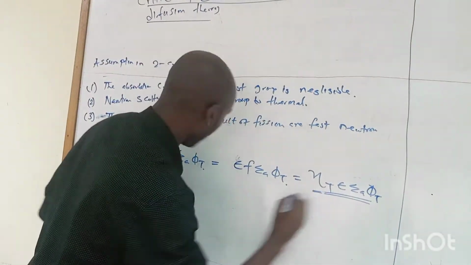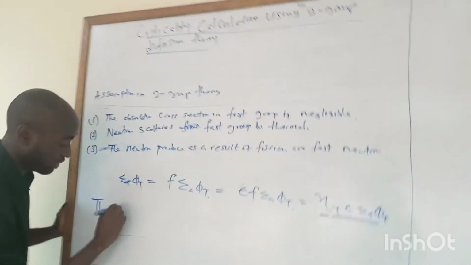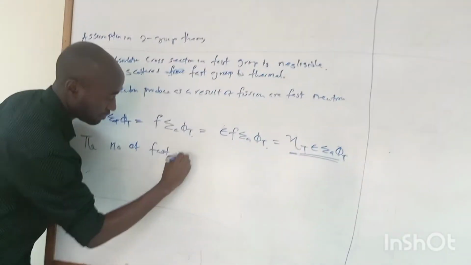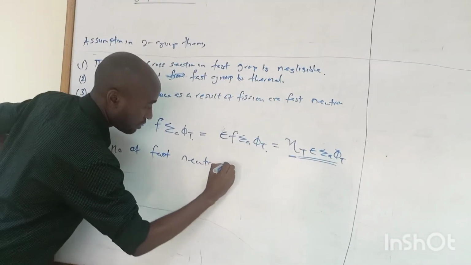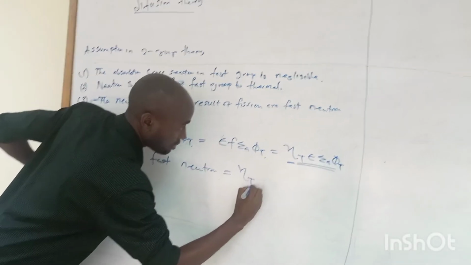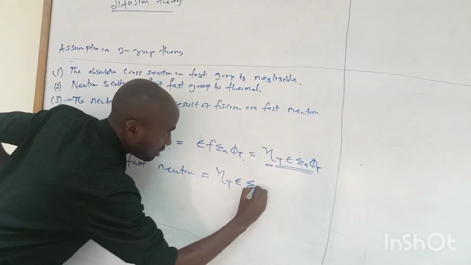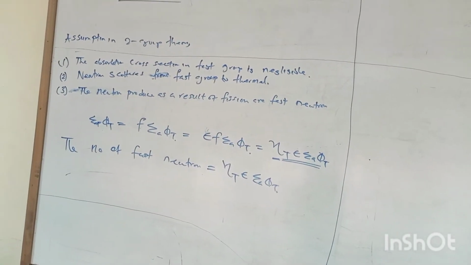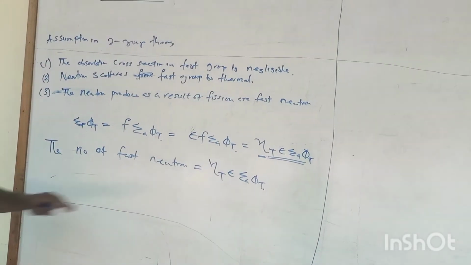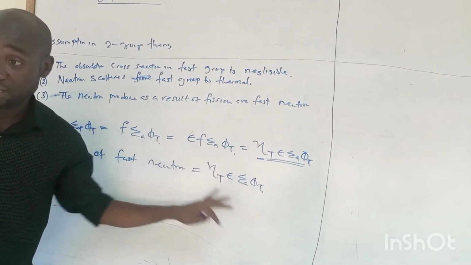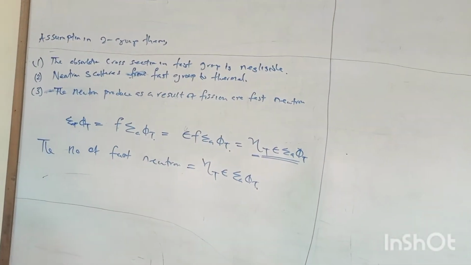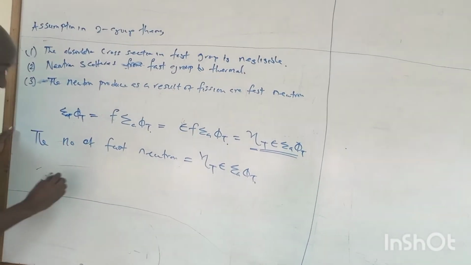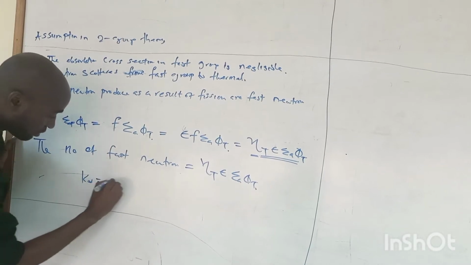So the number of fast neutrons is equal to η ε f Σa φT. This is the number of fast neutrons that is produced. If you look at the four-factor formula that we wrote in the last class, K infinity is equal to η ε p f.